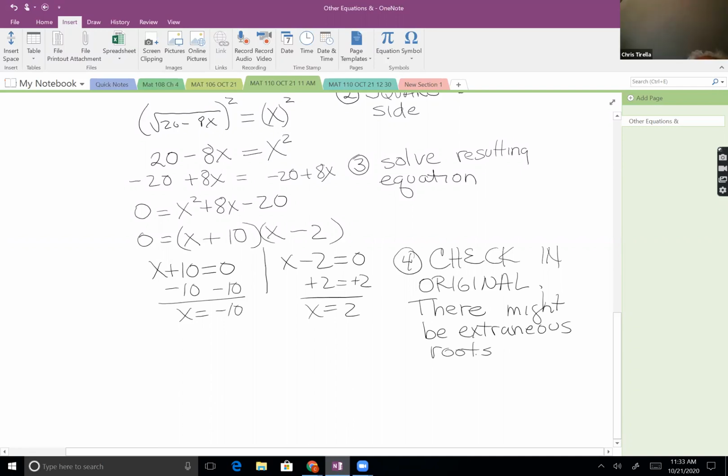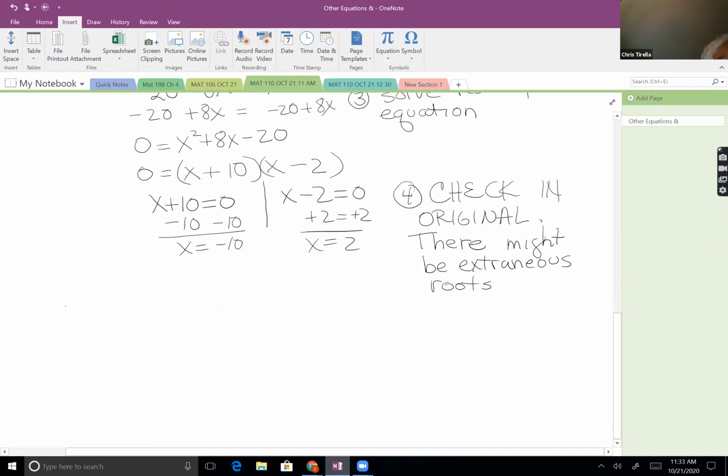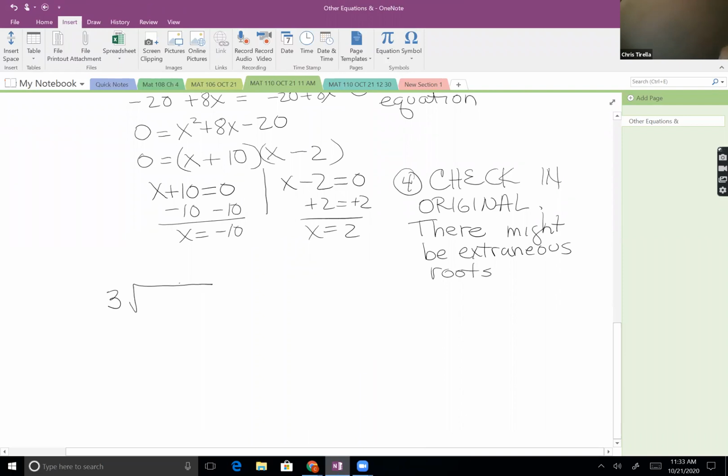And so scrolling up, our original equation was 3 times the square root of 20 minus 8x minus 3x equals 0. And so first, if x equals -10, that gives me 3 times the square root of 20 minus 8 times -10 minus 3 times -10 has to equal 0.